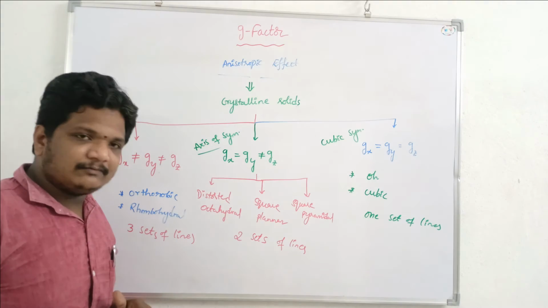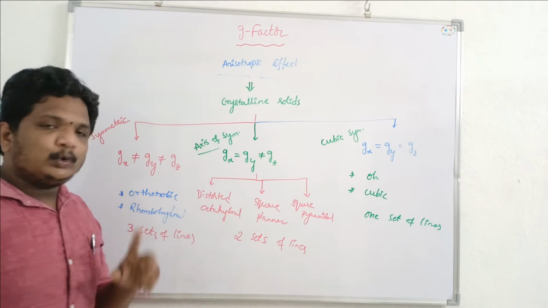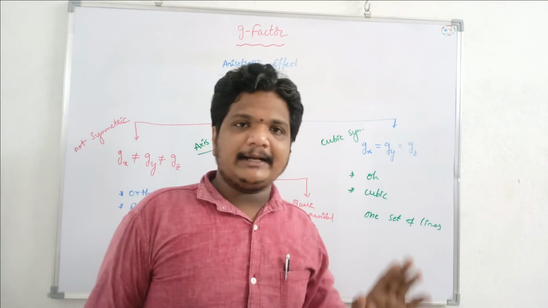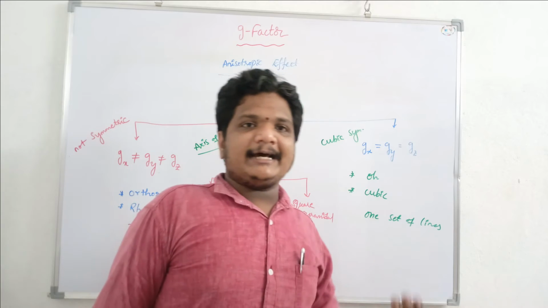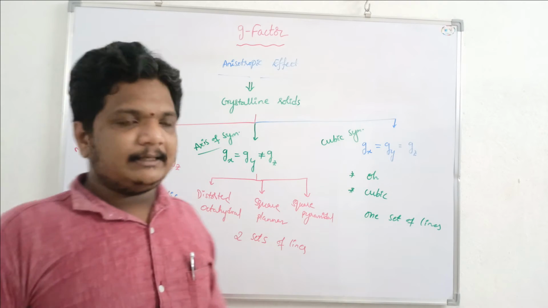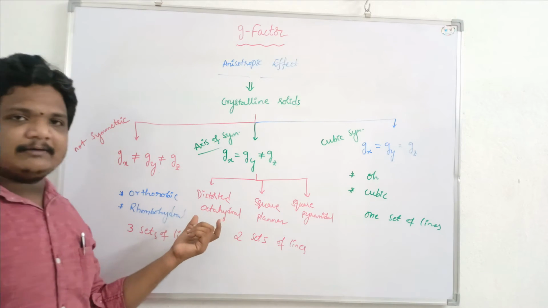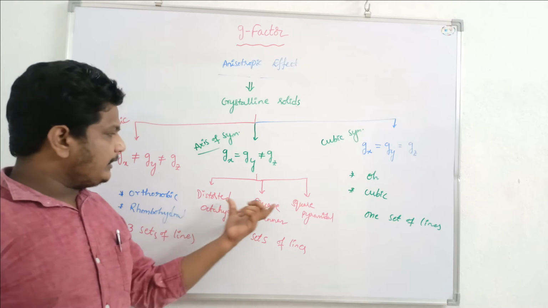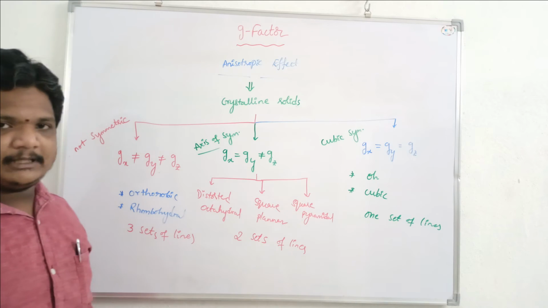In the case of axially symmetric molecules, we have two kinds of g values. Along x and y they have similar electron density, and along the z-axis they have different electron density. We observe this in distorted octahedral geometry, square planar geometry and square pyramidal geometry.